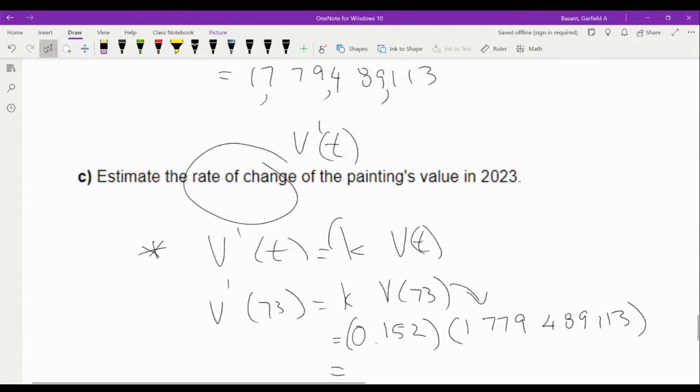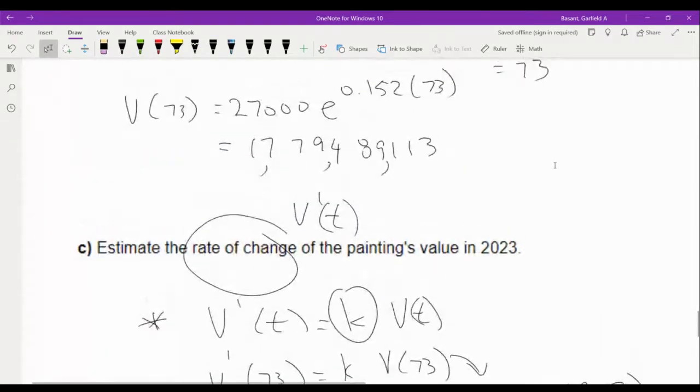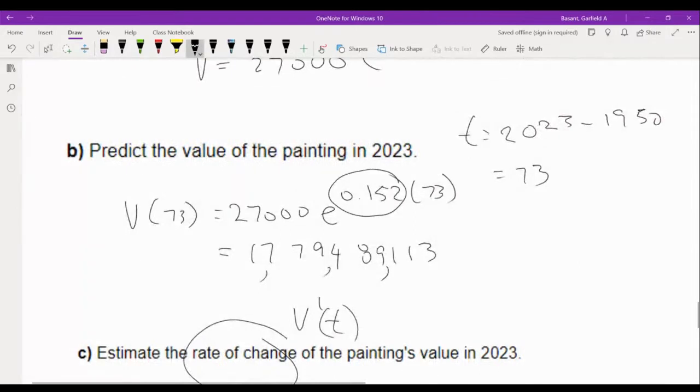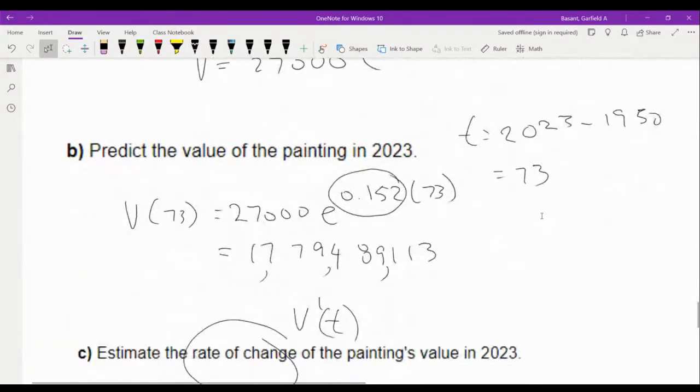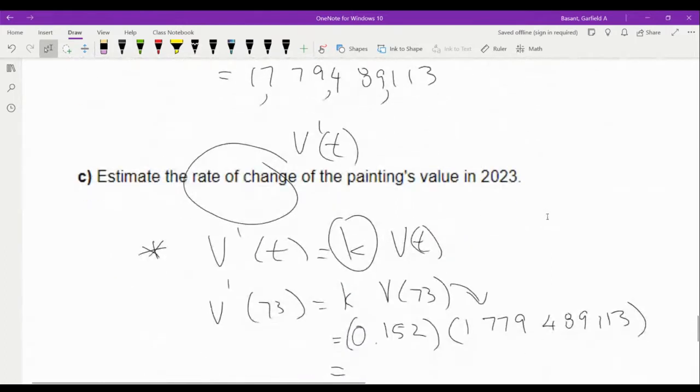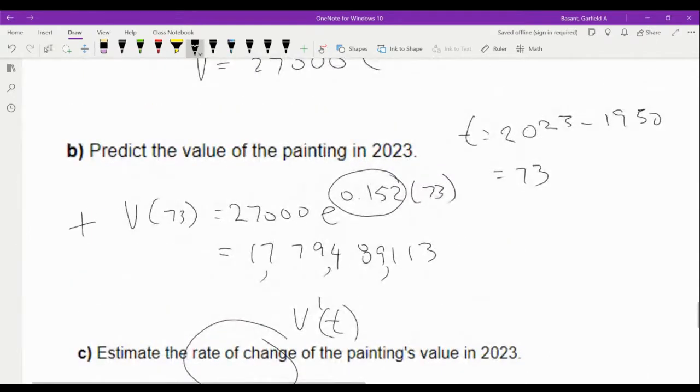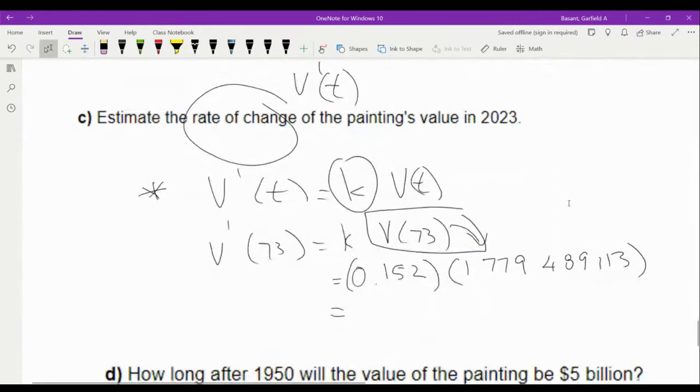So k, the 0.152, was the k we had calculated earlier. And the next one, V of 73, is what we just calculated in part B, because we're trying to calculate a value in 73 years. So we already calculated both parts of that. It's just a matter of plugging in the numbers.